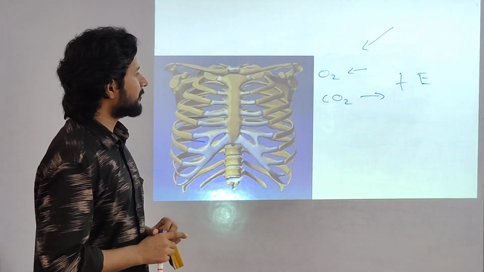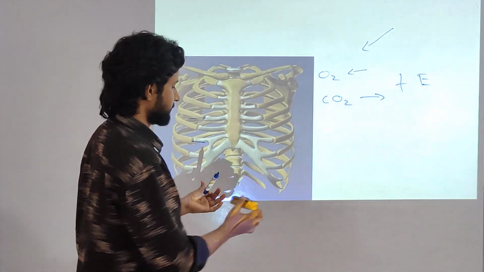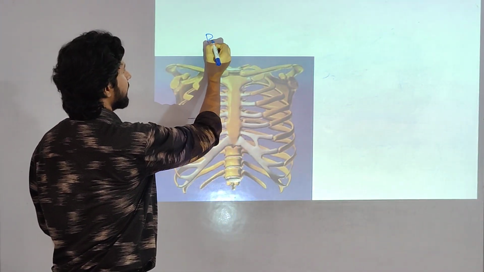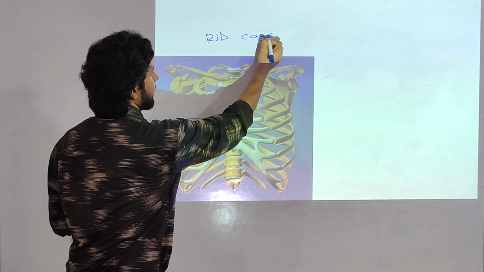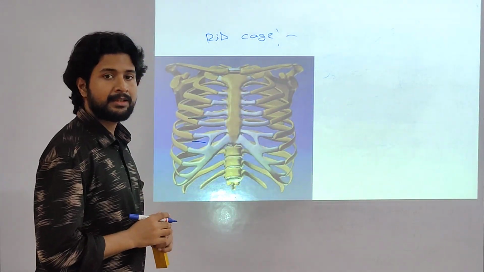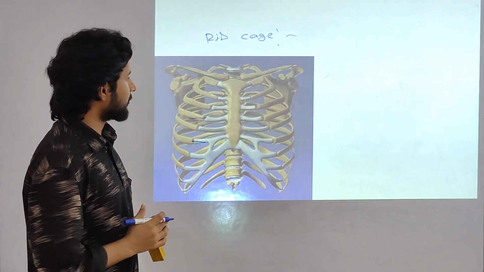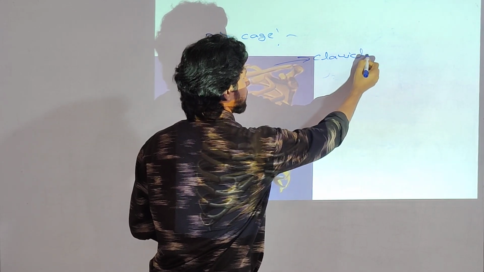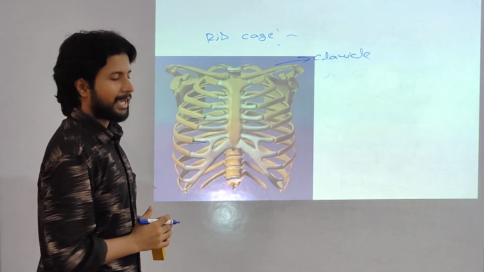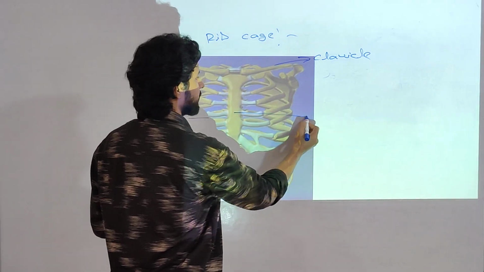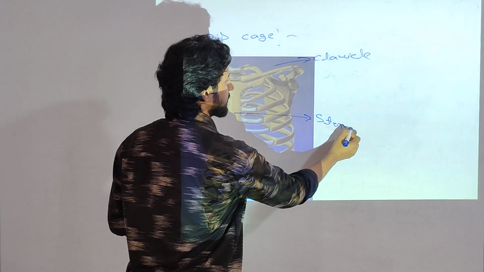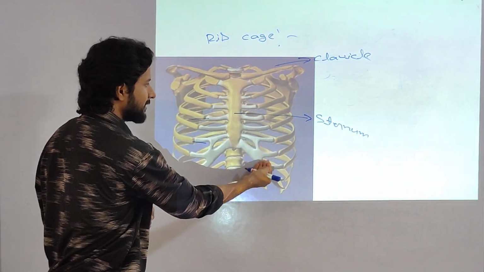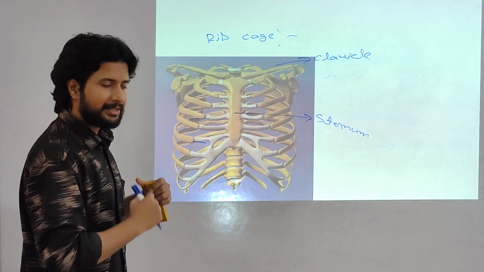It's a diagram of rib cage. Let's write here, it's a rib cage. This rib cage consists of clavicle bone, and at the ventral side you will find sternum bone, and few ribs which are associated with the sternum.